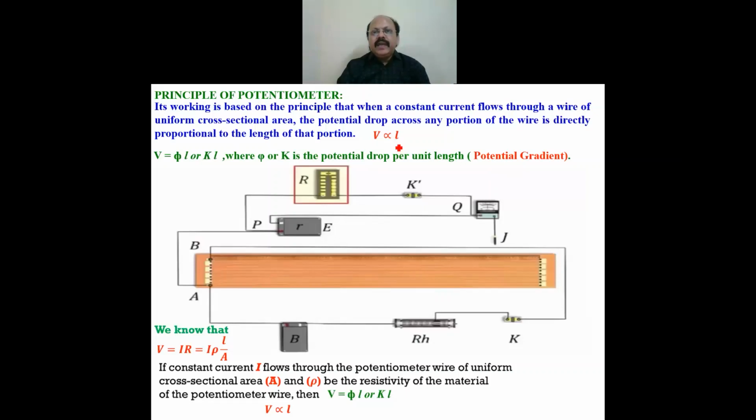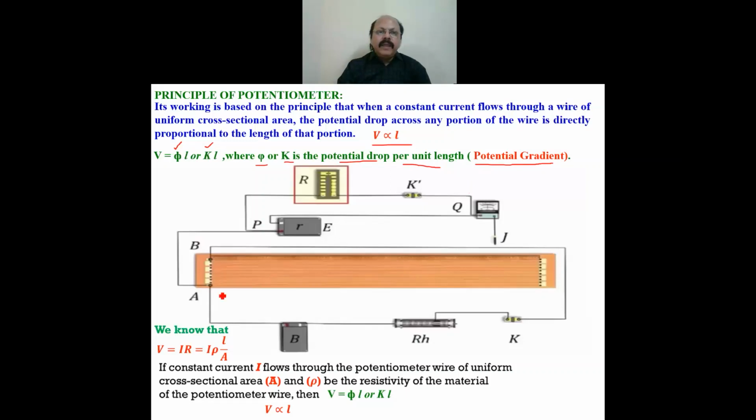If L is the length of that portion and V is the potential drop across that length, then V is directly proportional to L. For omitting this proportionality sign, we require a constant, say phi or K. Now V equals phi L or KL, where phi or K is the constant of proportionality, called potential drop per unit length, or we can say it is the potential gradient.